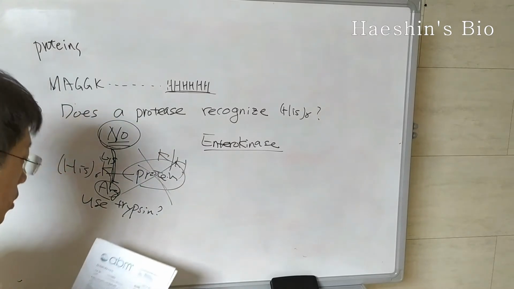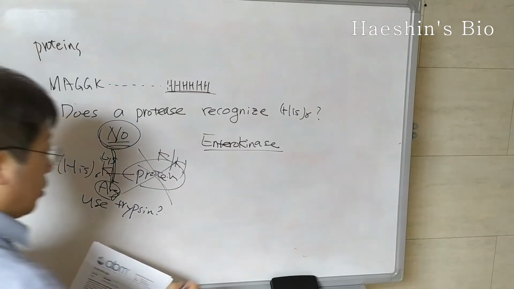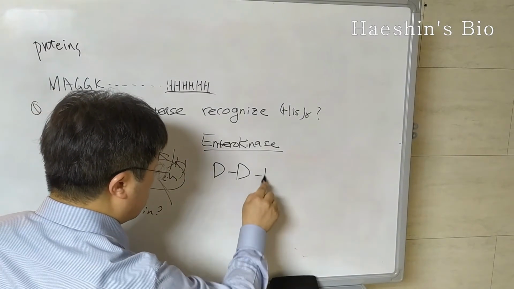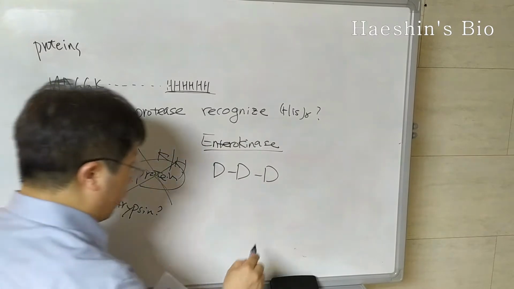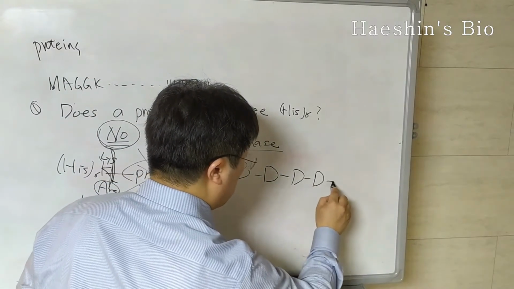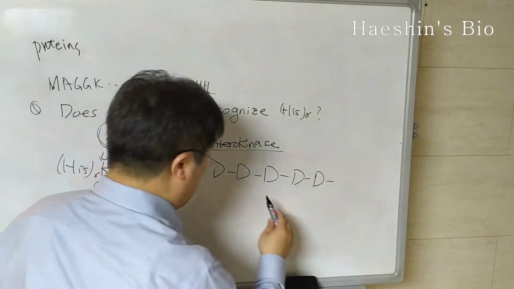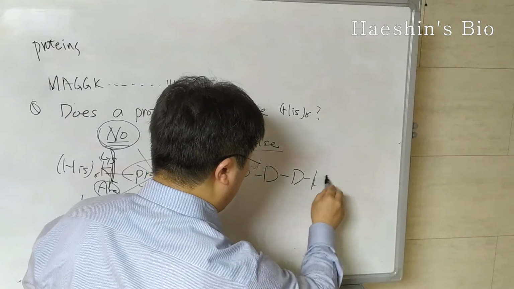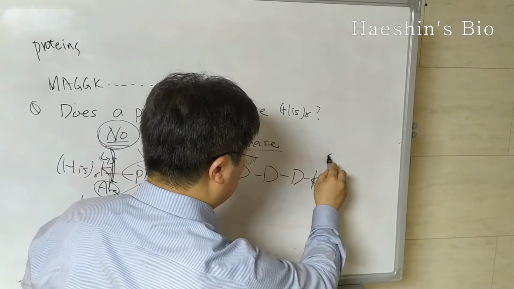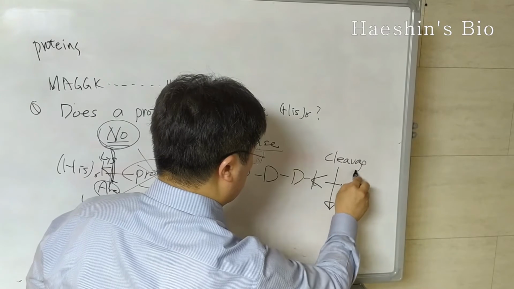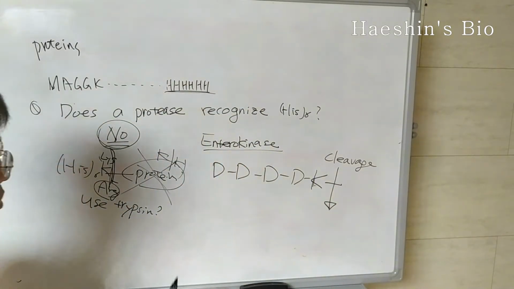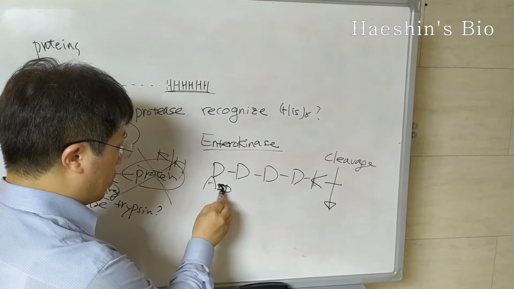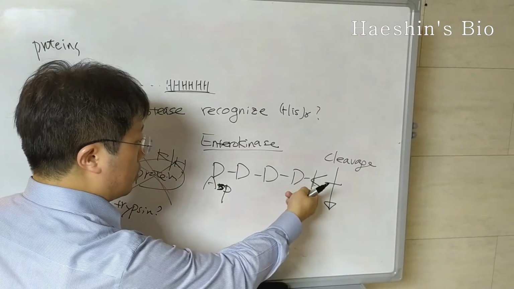But its recognition sequence is very unique: 4 D, which is aspartate, ASP, the four aspartates, and then a K, lysine, and then it cleaves.